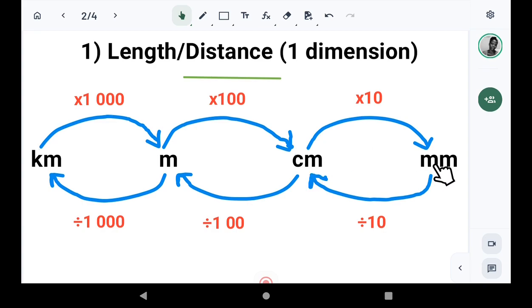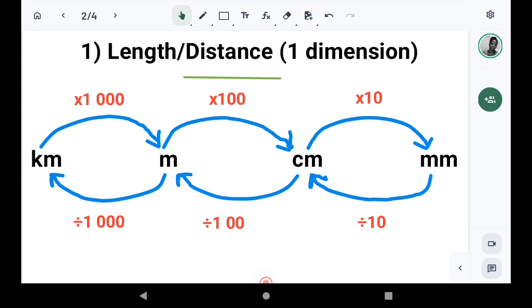Also, if you were to convert from millimeters to kilometers, you will divide that number of millimeters you have by 1 and 1, 2, 3, 4, 5, 6 zeros. That is basically how you convert from one unit of measurement to the other in a one-dimensional measurement of either a length or a distance.